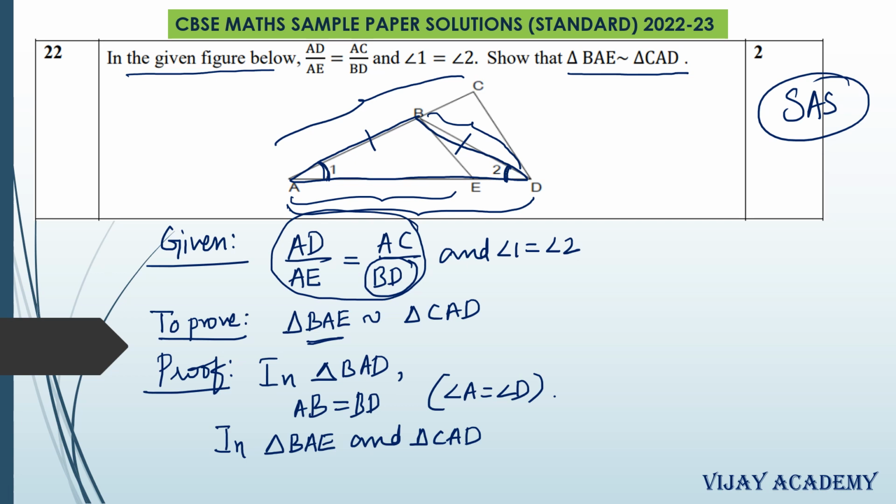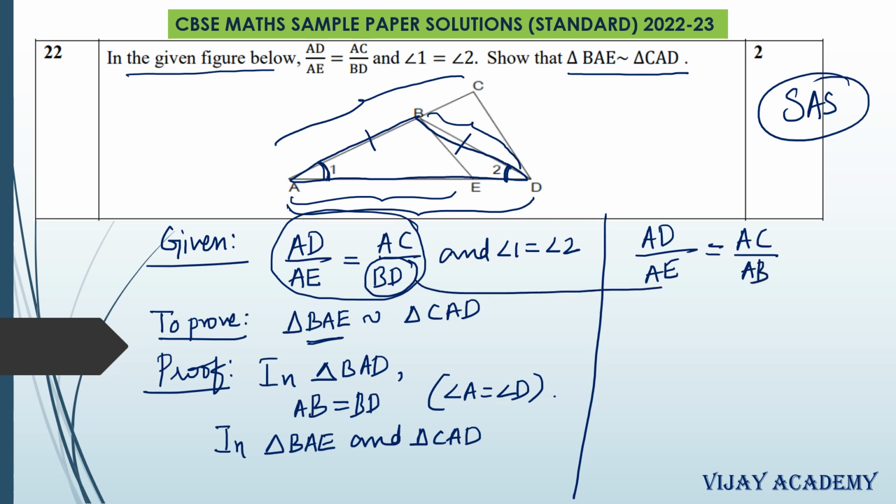So as it is given, AD by AE is equal to AC by AB. So let us replace BD with AB. We came to know that AB is equal to BD from the isosceles triangle property.